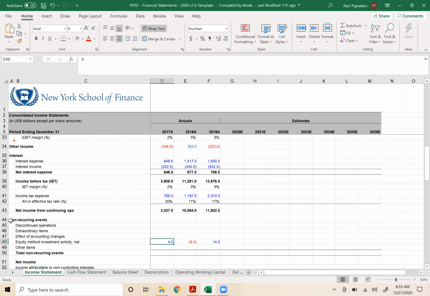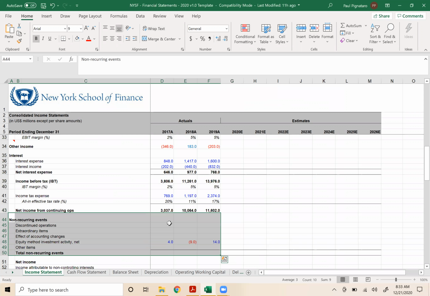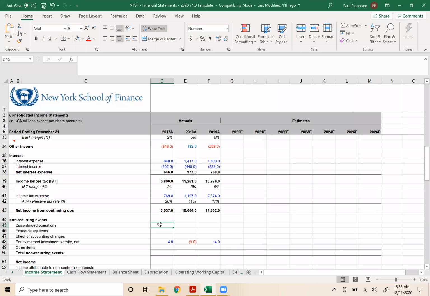So we'll talk a little bit more about non-occurring events in the next class, but generally non-occurring events are line items that are one-time or extraordinary. Here are other examples of common non-occurring events. Discontinued operations. A company closes a business. There's a one-time gain or loss from shutting down the business. This company doesn't have that line item, so I'm going to zero it out. Extraordinary items. Effective accounting changes is a common extraordinary item.